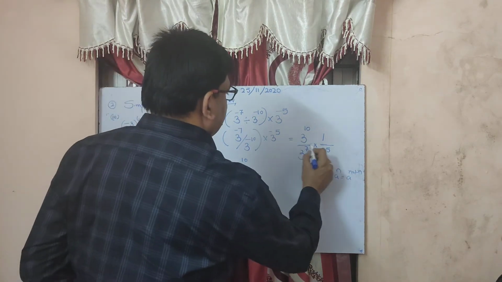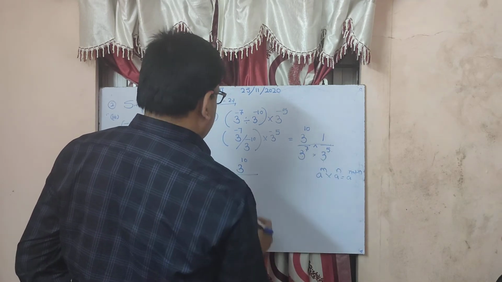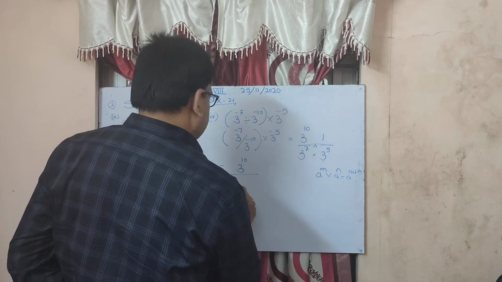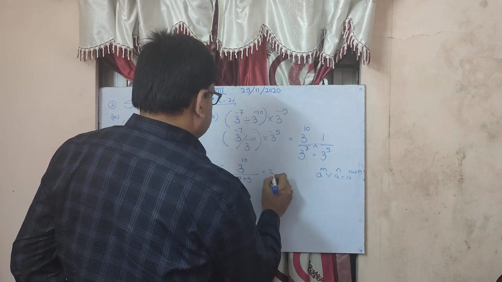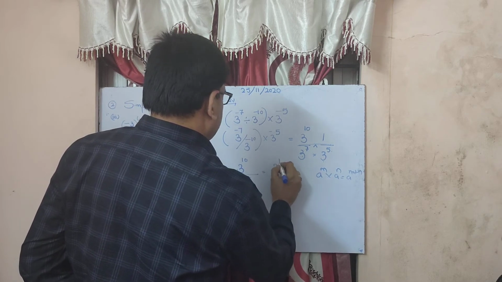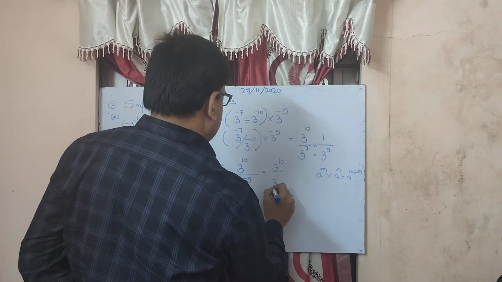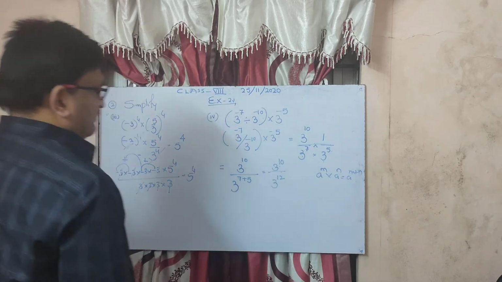Now you can see 3 to the power 7 into 3 to the power 5, that is 3 to the power 7 plus 5, that is 3 to the power 10 divided by 3 to the power 12. 7 plus 5 is 12.